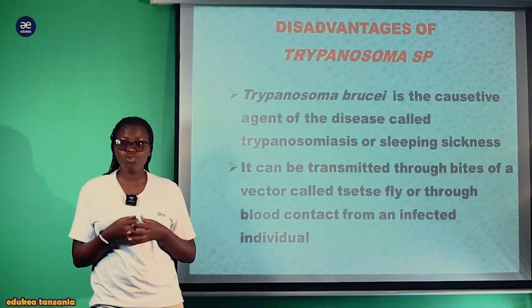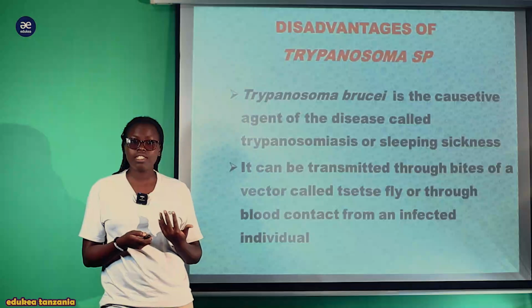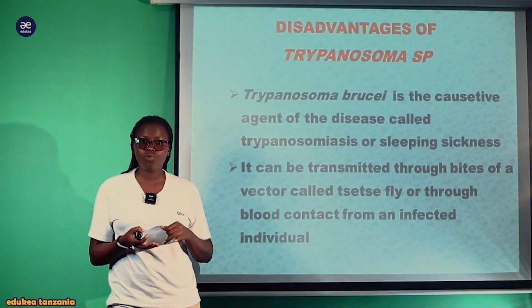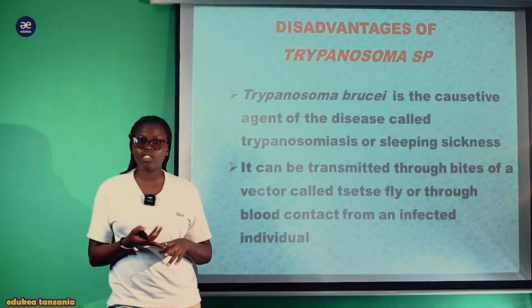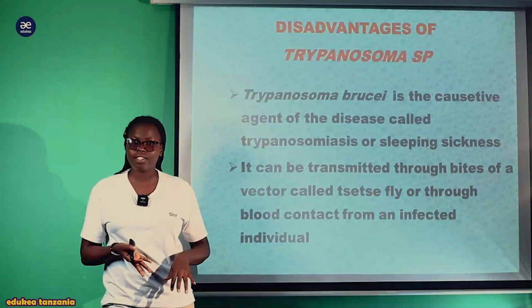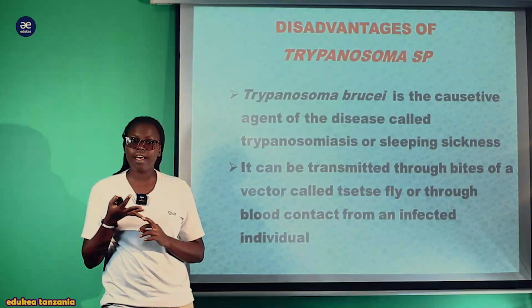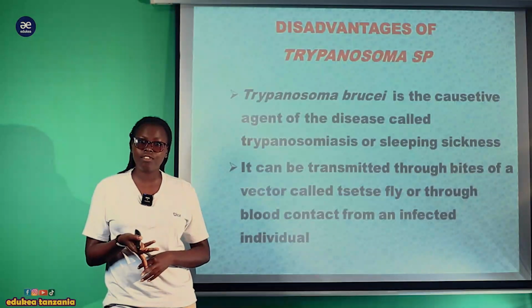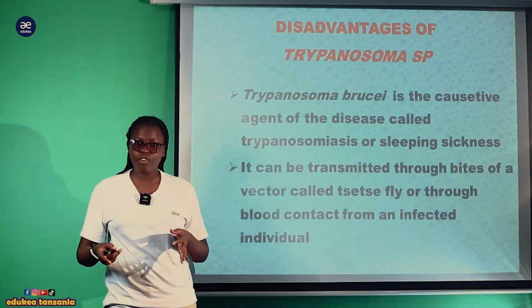Now I'm sure that you are aware of this topic, which was viruses, kingdom Monera as well as kingdom Protoctista. We have seen the meaning of virus, their characteristics, kingdom Monera, characteristics, their advantages, and their features.